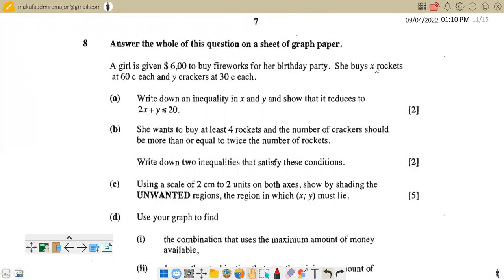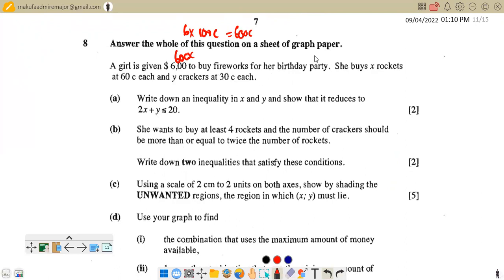Okay, she buys x rockets at 60 cents each, y crackers at 30 cents each. Okay, so as you can see, we are buying using cents, not dollars. So let us get back to our $6 and convert it to cents. So we know that $6 is 6 times 100 cents, which is 600 cents. So here we have got 600 cents here. All right, now it can make sense.